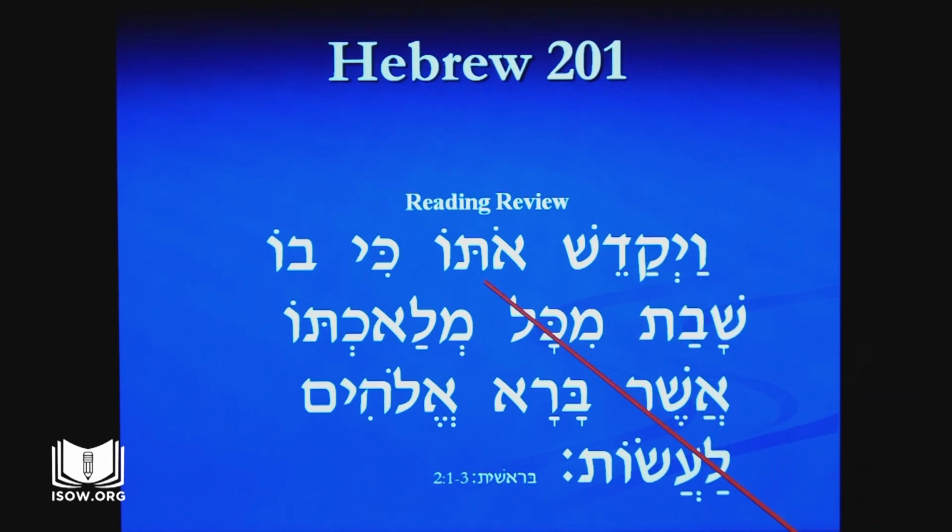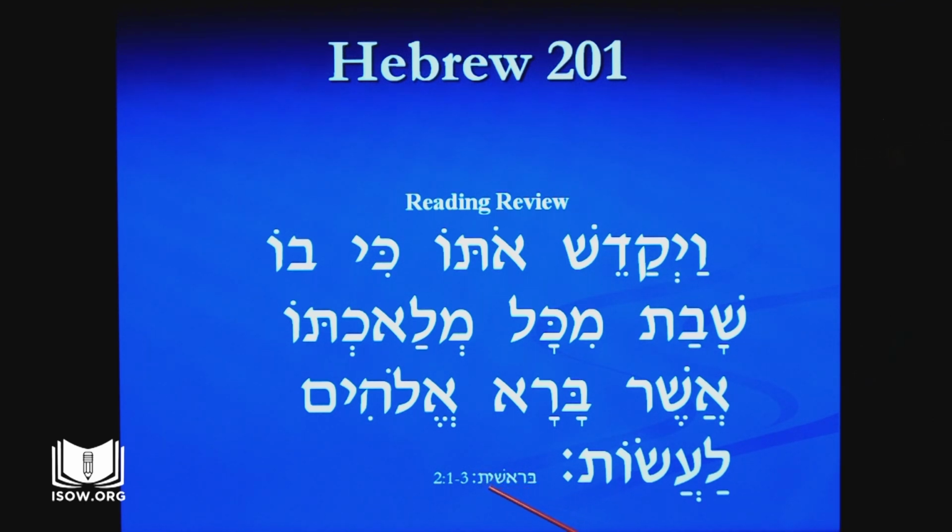Vaykadesh Oto Kivo Shavat Mikal Melachto Asher Bara Elohim La'asot. Now you're asking perhaps what this is down here. This is the Hebrew word Breshit, or we would say Genesis.